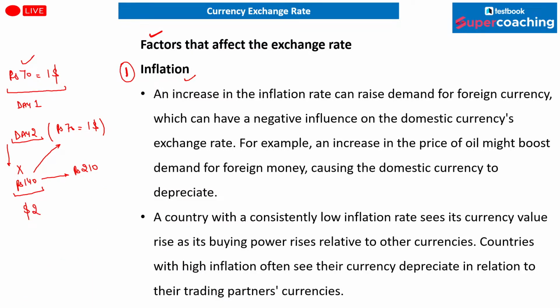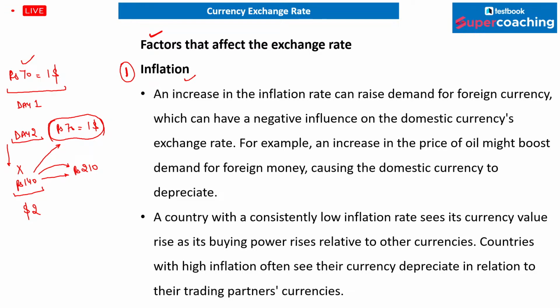But due to inflation, the price of the goods increases, but the exchange rate is the same.